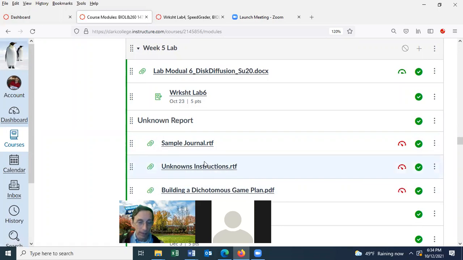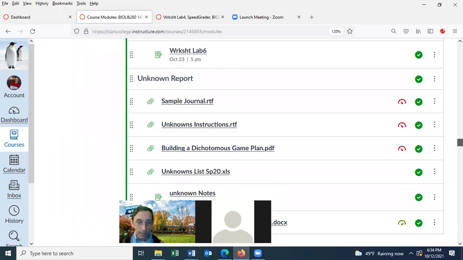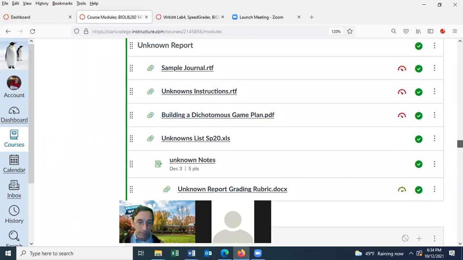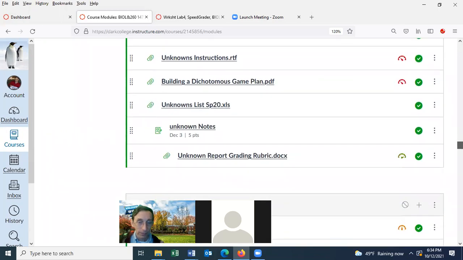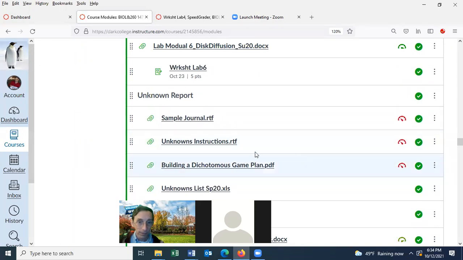So you should read that before I begin talking about it next week. I'll also talk about the others in the unknown report, the sample journal, the building autonomous game plan, the unknown list and the unknown notes, but you don't need to read those before I talk about them. But it would be a good idea to read the instructions.